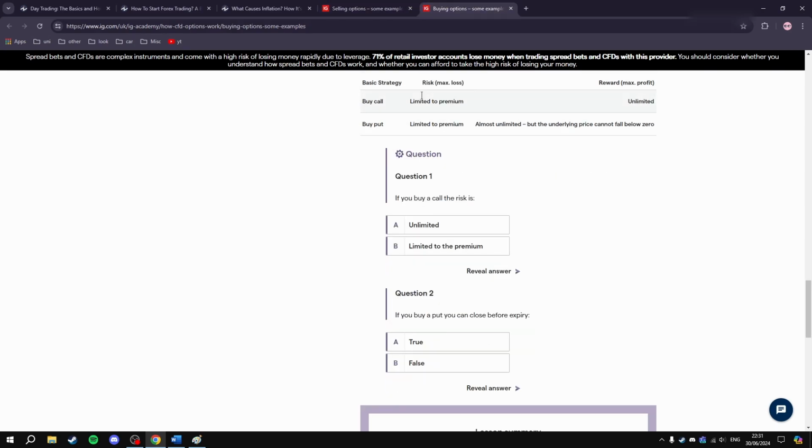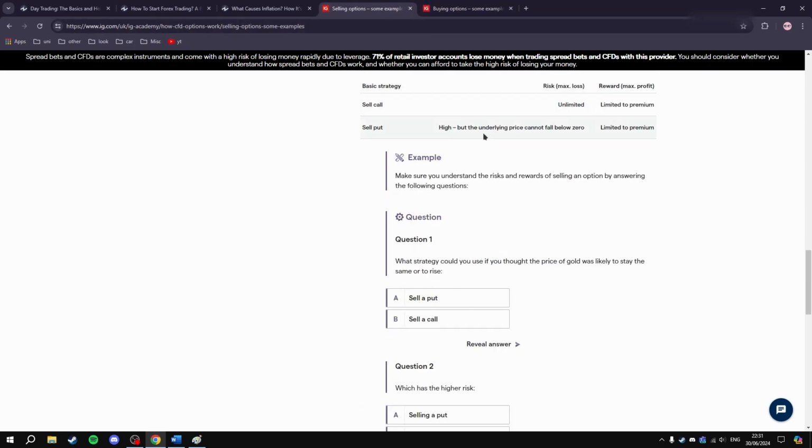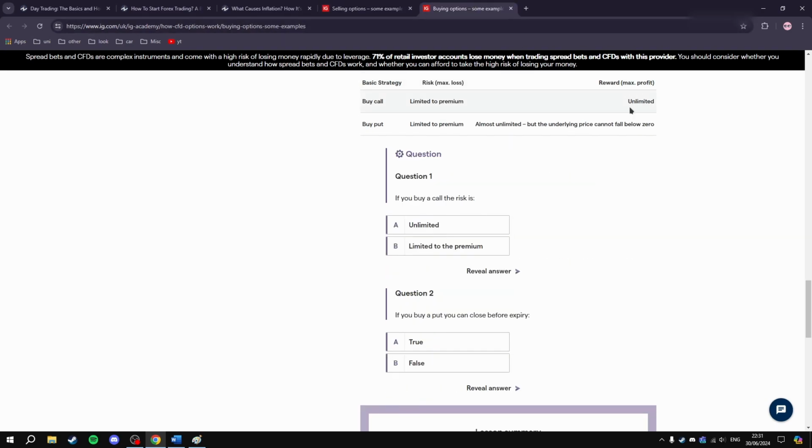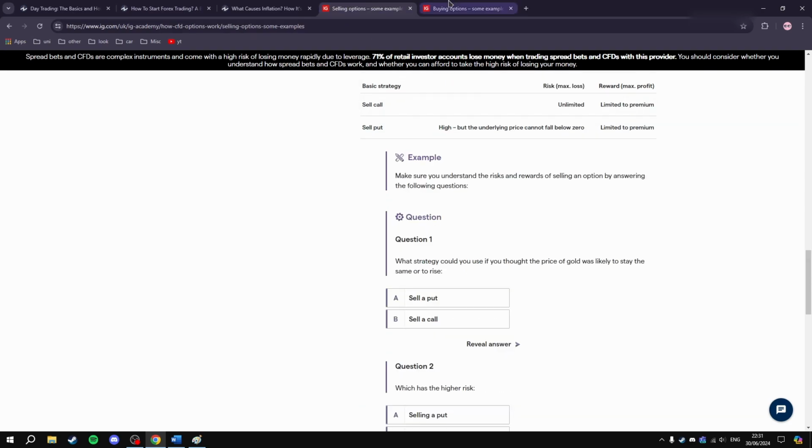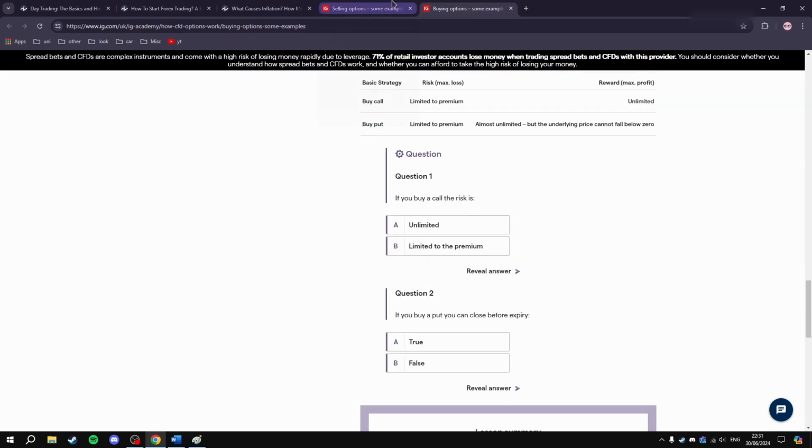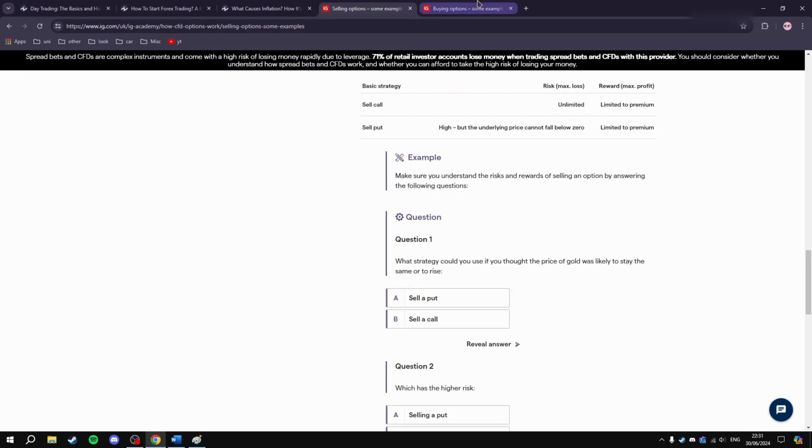For buying, risk is limited to premium, and reward is unlimited, almost unlimited. So buying options looks like way better deal than selling options though.